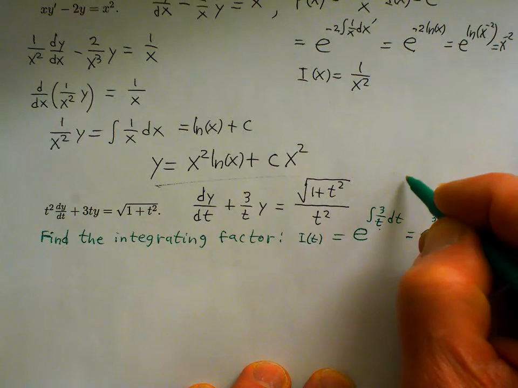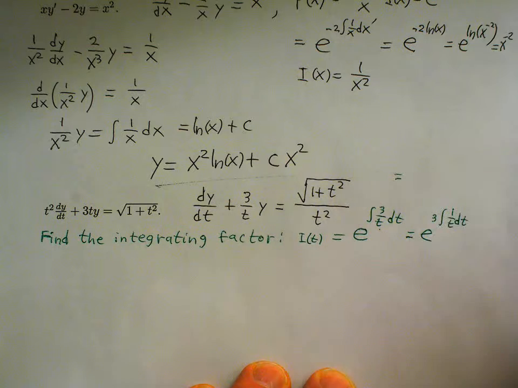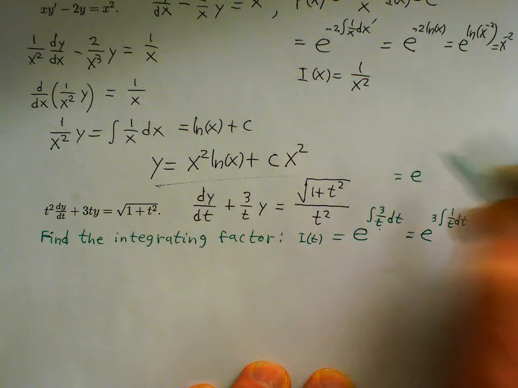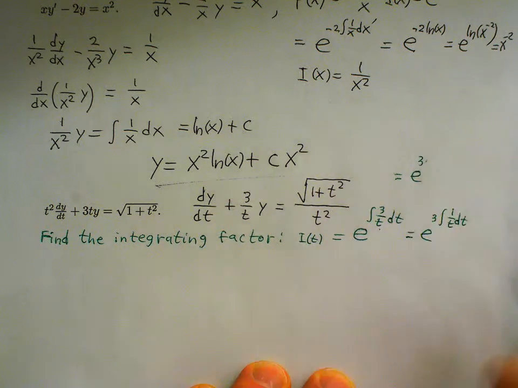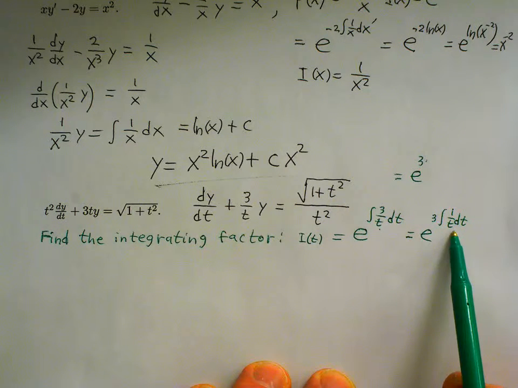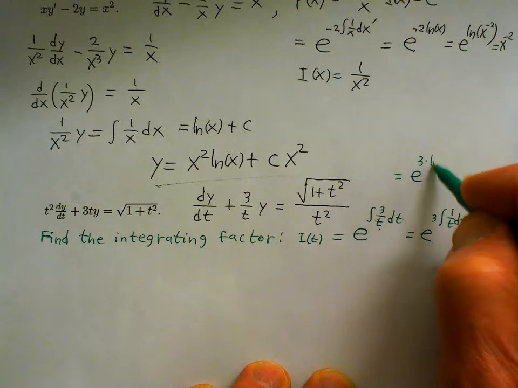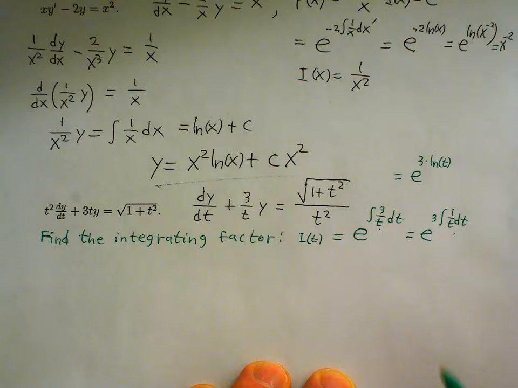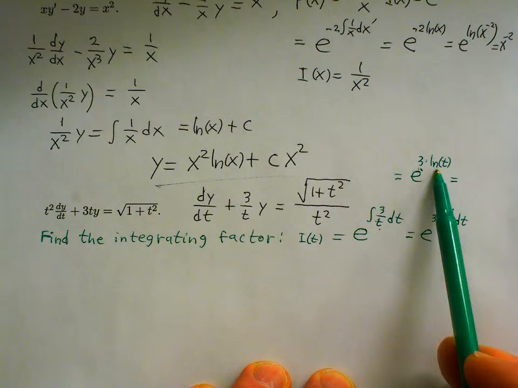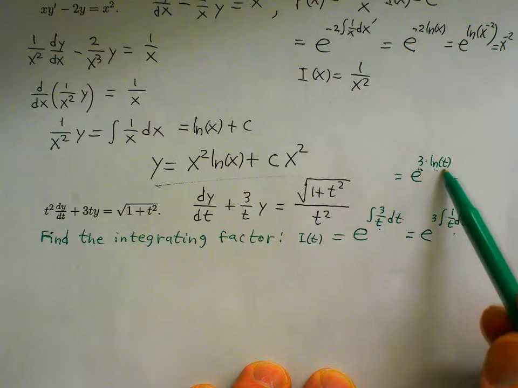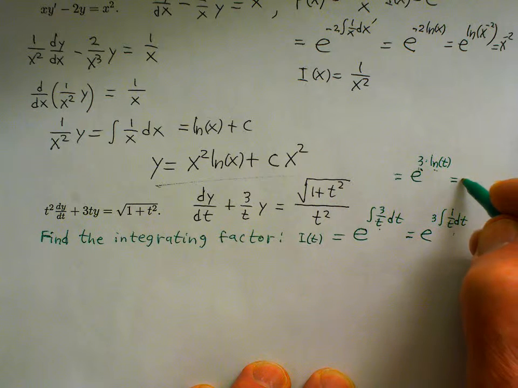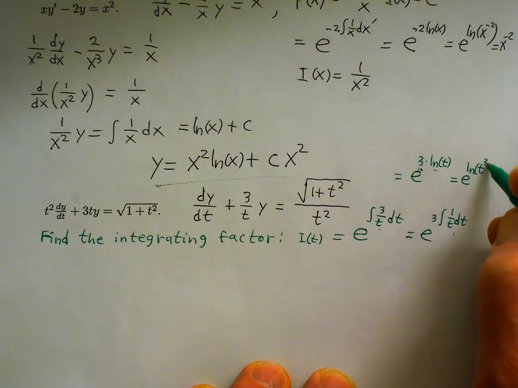So I'll continue up here. The integral of 1 over t dt is the natural log of t. And in the exponent, 3 times the natural log of t is the natural log of t to the third. So this is e to the natural log of t to the third.